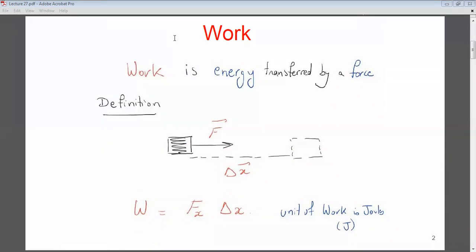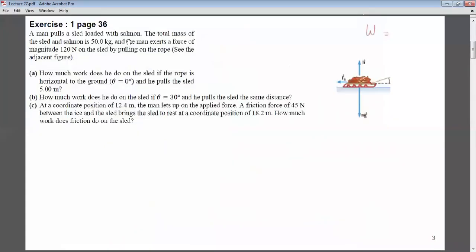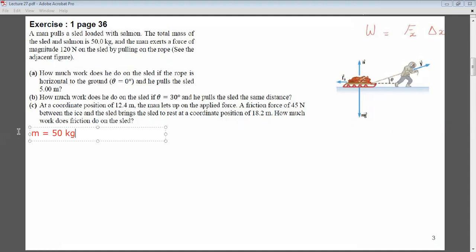Let's solve an exercise from the booklet. A man pulls a sled loaded with salmon. The total mass of the sled and the salmon is 50 kilograms. So we have mass equal 50 kilograms, given. And the man exerts a force of magnitude 120 Newton on the sled by pulling on the rope.